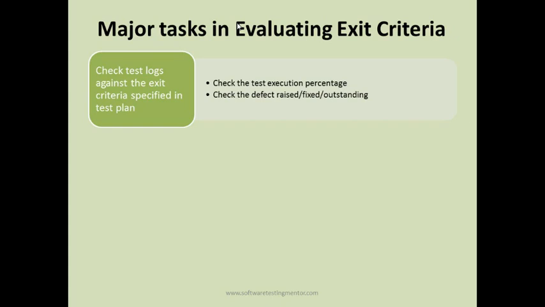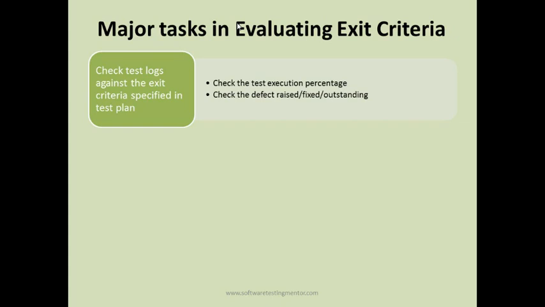So exit criteria would be something like minimum 95% test cases should have been executed to exit the functional test cycle. Or all high and severe defects need to be fixed and verified to exit the test cycle. So these are some examples which will be mentioned in the exit criteria. So what you do is you take the test logs.